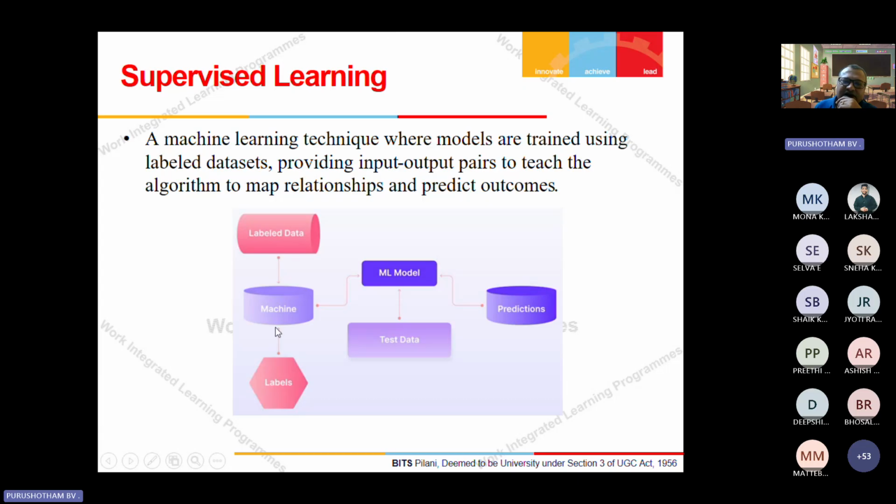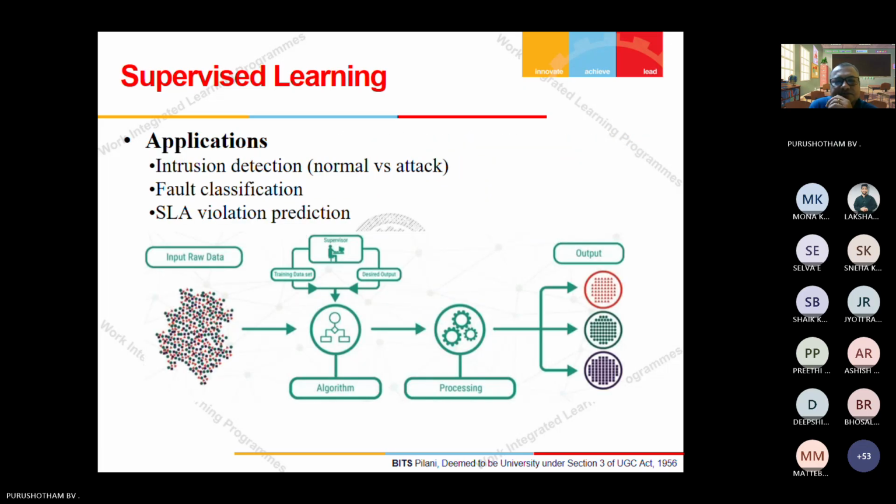So here you have the labeled data. This is the model, the machine. Then the labels. This entire thing will be input to the ML model. Along with the test data, based on the test data, it is going to predict, okay, this is the possible outcome. There are applications like intrusion detection, which is the security aspect, normal versus attack, fault classification, and SLA violation.